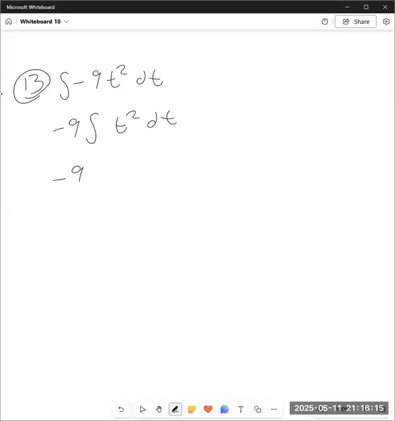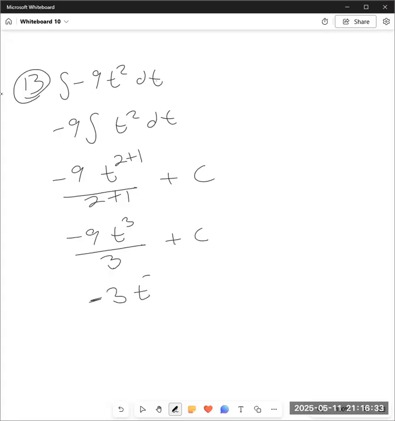Then I'm going to use my power rule to say this is 2 plus 1 over 2 plus 1 plus c, is negative 9 t to the third over 3. And negative 9 divided by 3 is a negative 3, like so.